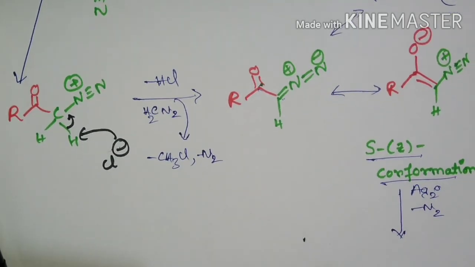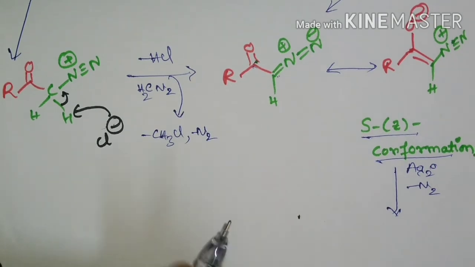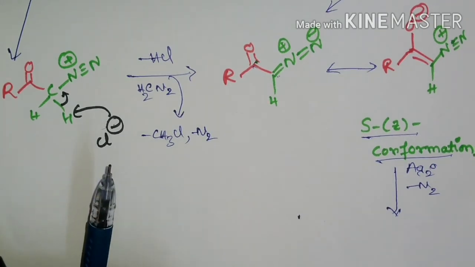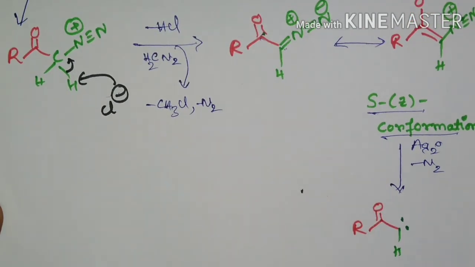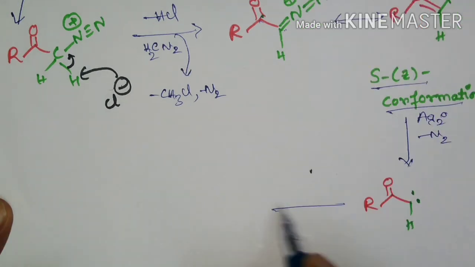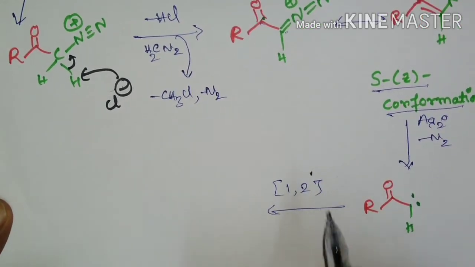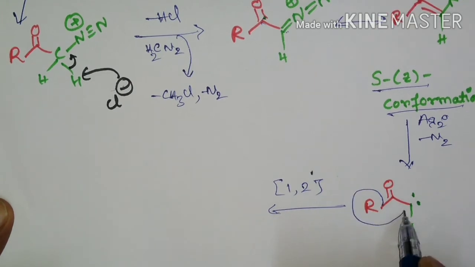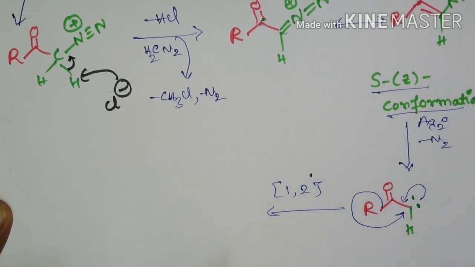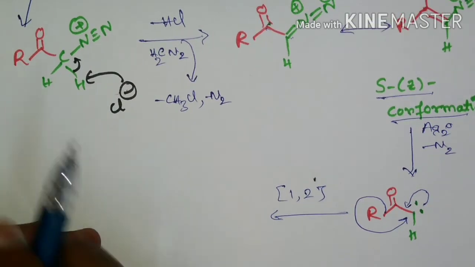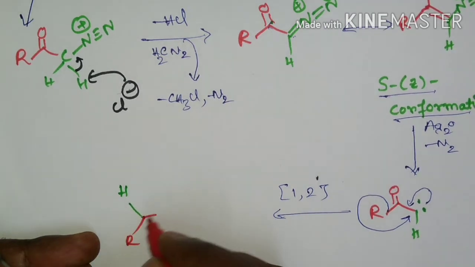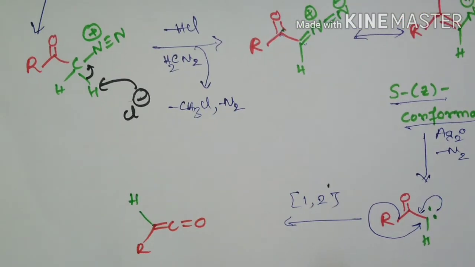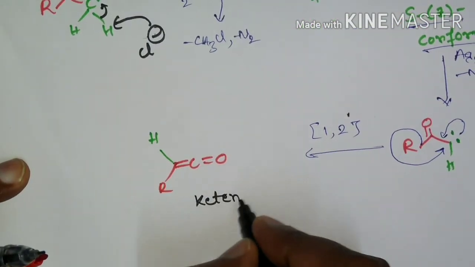So whatever conditions I have mentioned, it is going to lose a nitrogen molecule and form a carbene intermediate, and this carbene intermediate will undergo a 1,2 shift. That is, this R group may shift and migrate here, and it is going to form a ketene, known as the ketene intermediate.